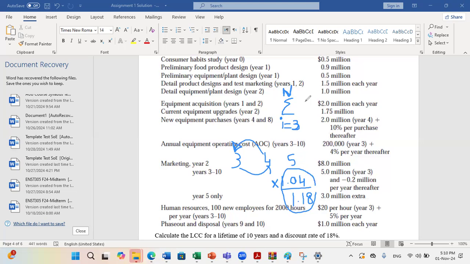What I am doing now is that for each year I am multiplying by 1.04 and dividing by 1.18.